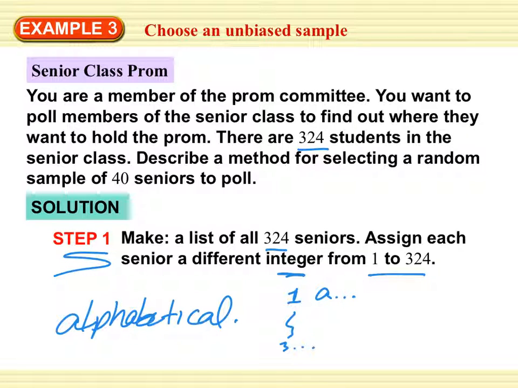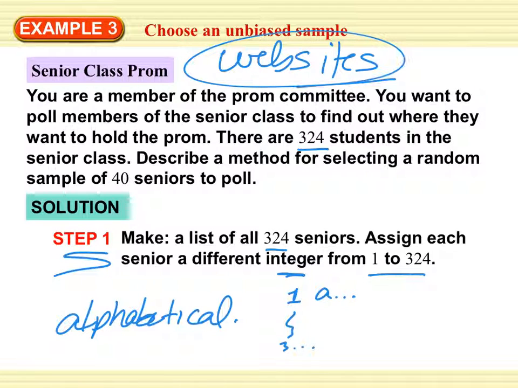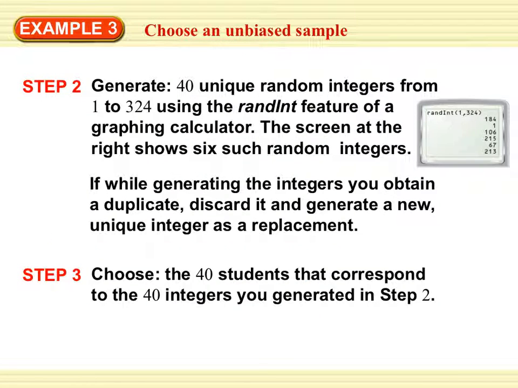There are websites which are random number generators, but you can also use your calculator, which we'll see on the next page. It's pretty cool. You can generate 40 unique random integers from 1 to 324 using the random integer feature of a graphing calculator.